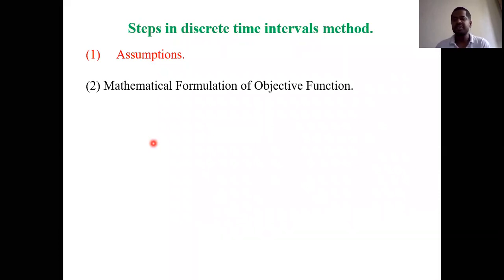So what is the objective function in this case? Once you know the objective function, we need to formulate our constraints. Those constraints are called operational constraints. Once you know the objective function and the operational constraints, automatically you can write the auxiliary function, which is also called the Lagrangian function or augmented function.